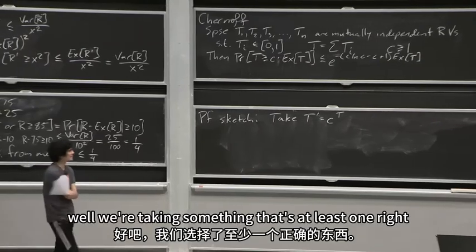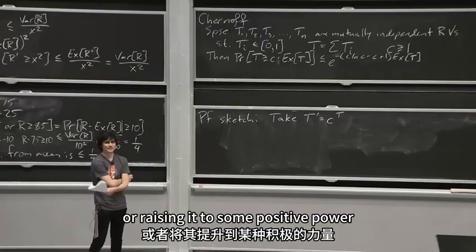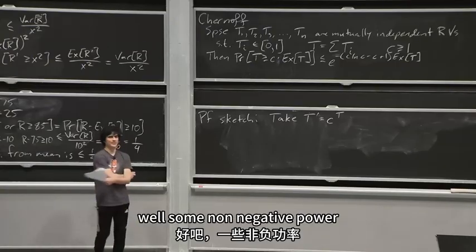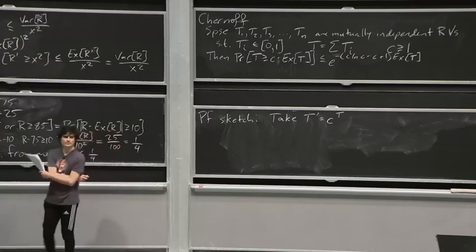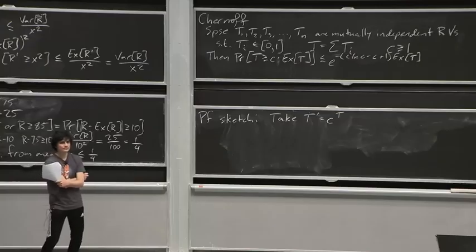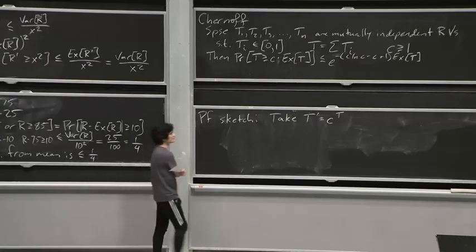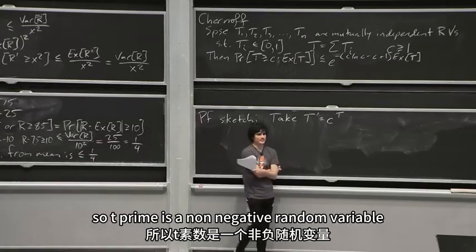Well, we're taking something that's at least 1, right? We're raising it to some positive power, well, some non-negative power. So t prime is a non-negative random variable.